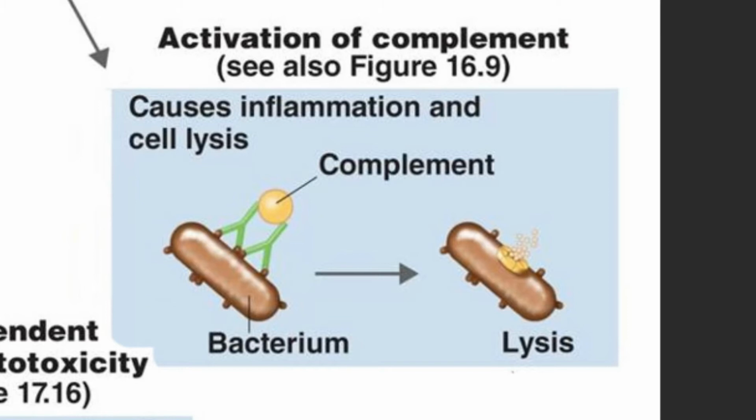Now, we learned in chapter 16 that complement activation can happen all by itself, but here what you're seeing is activation of complement, where complement is recognizing the antibodies that have bound that bacterial cell. So if you look at that bacterial cell in neutralization, you'll notice you have those 2 antibodies bound side by side.